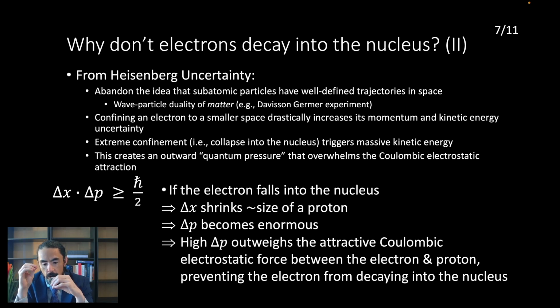So first, we're going to abandon the idea that subatomic particles have well-defined trajectories in space. So we're abandoning the circular or elliptic orbitals of the old quantum theory Bohr model of the atom. And you can do this by the physical motivation of things such as the results of the Davisson-Germer experiment, which, if I recall correctly, is where electrons were bombarded onto a crystal structure, and the electrons scattered in a way that is reminiscent of the scattering of waves.